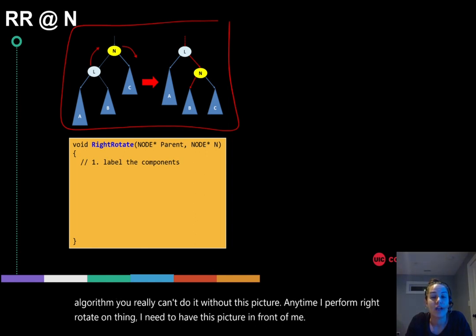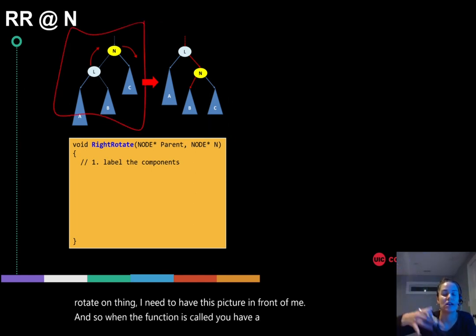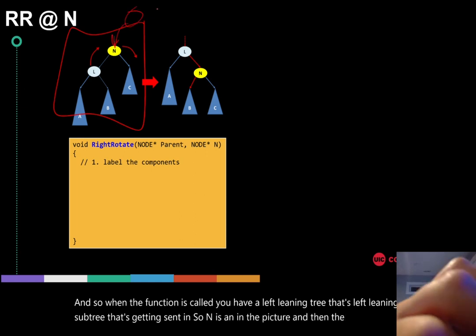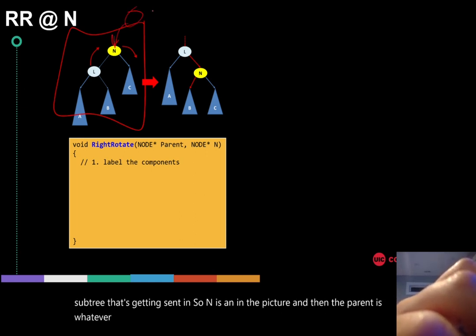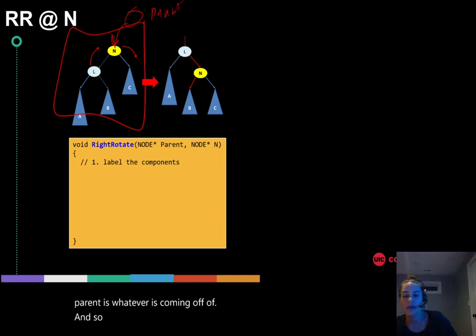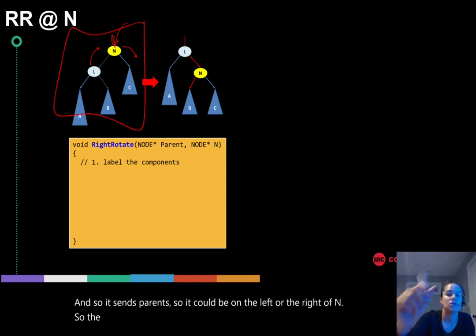So when the function is called, you have a left-leaning subtree that's getting sent in. So N is N in the picture, and then the parent is whatever is coming off of N. So it's N's parent. It could be on the left or the right of N. So those are coming in.